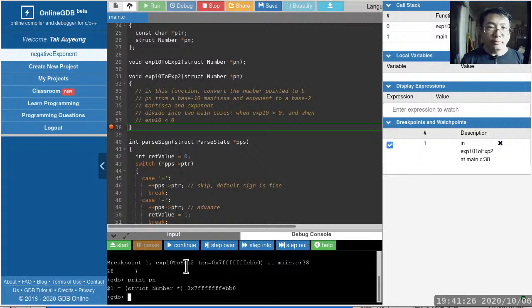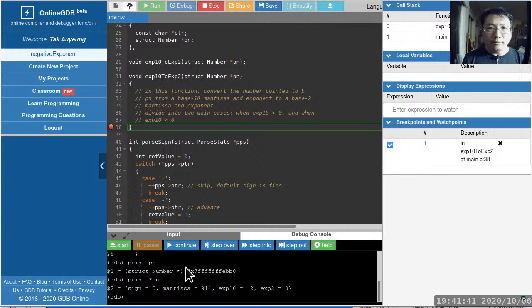Great, not helpful. Well, this will be more helpful because this is not asking GDB to print where it is pointing to, but what is the content that is being pointed to by Pn. Now that is a whole lot more helpful because it tells you that the sign bit is a 0.